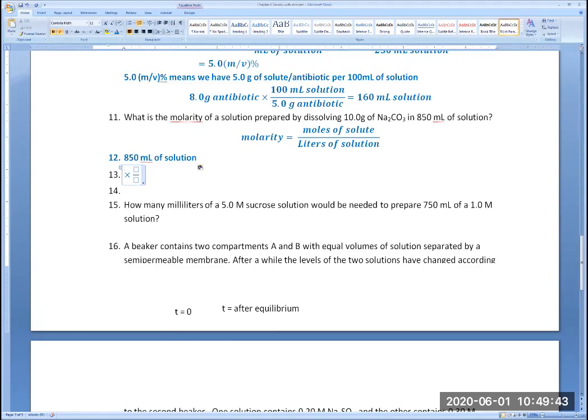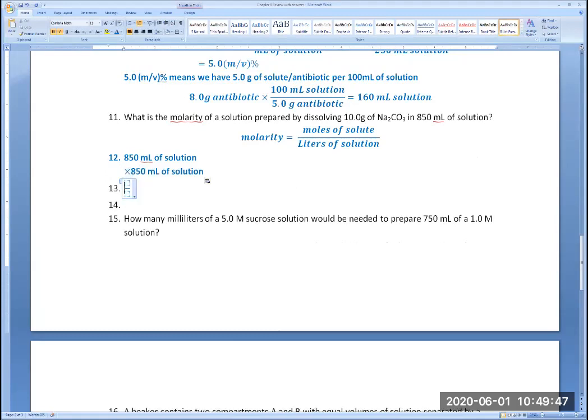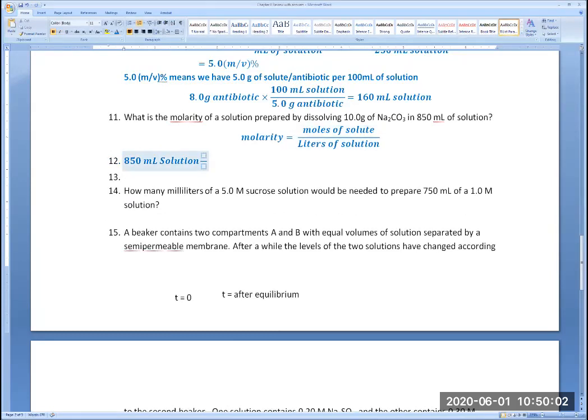Why can't I do that inside? No, okay. Okay, I have to type it. Solution. So this is what we want to change, right? We want to change that into liters.